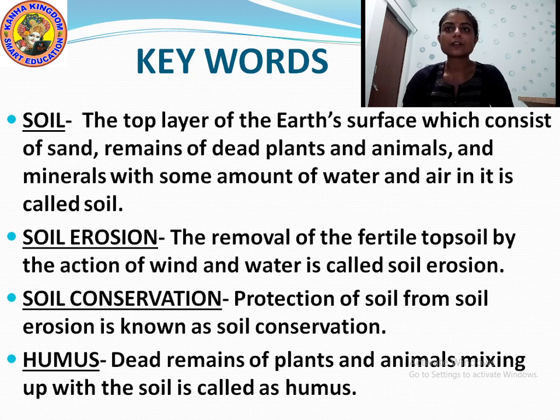The removal of the fertile topsoil by the action of wind and water is called soil erosion. Then soil conservation. Protection of soil from soil erosion is known as soil conservation. And what is humus? The dead remains of plants and animals mixing up with the soil is known as humus. Okay, so these are some keywords related with this chapter.